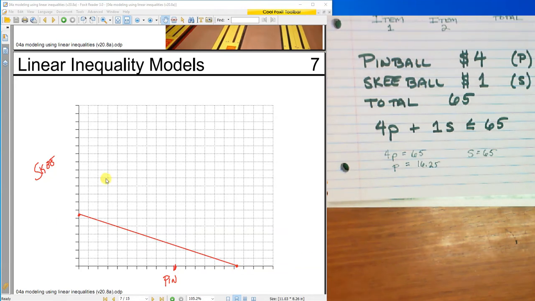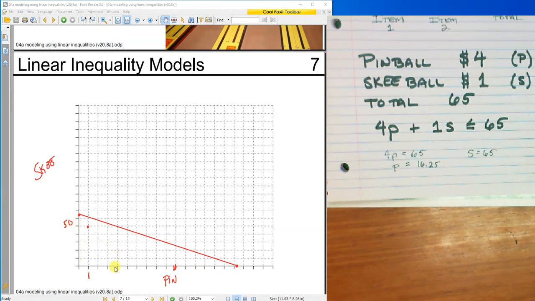And every point under here is a valid solution to this. These are all the different ways our friend can play games. He can do one pinball and 50 skee balls.